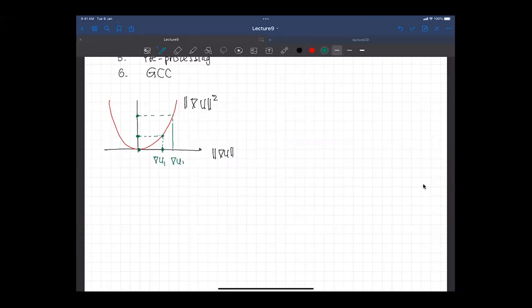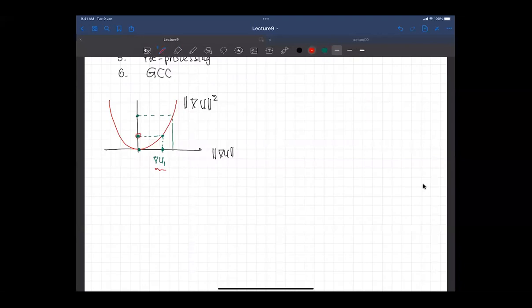And people say that this is not fair. Why is it not fair? If there's no noise, that is fine. The penalty is a deserved penalty. But if there is some noise, the actual value of nabla u, the smoothness constraint, is this value here, and the penalty should be there.